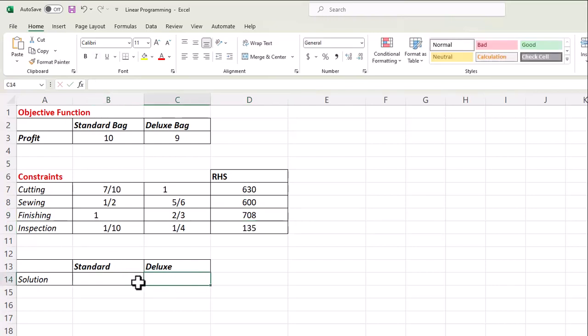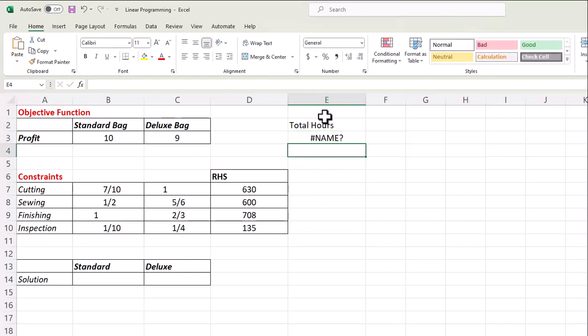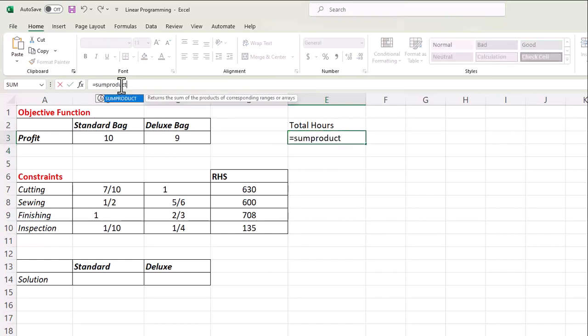So these two boxes will remain empty because we are going to find out what will be in them. All right, and here we can write the total hours, which will be the objective function. I'm using the sum product formula here.